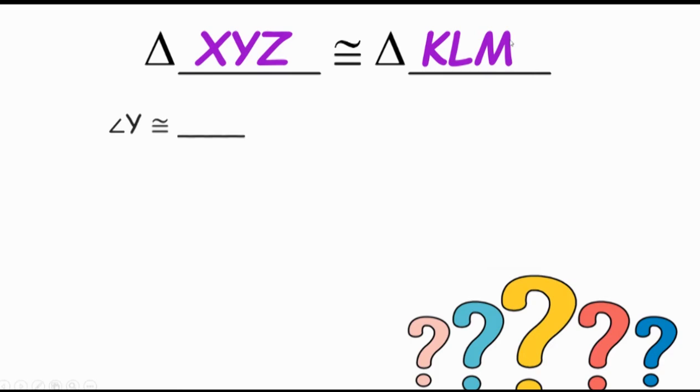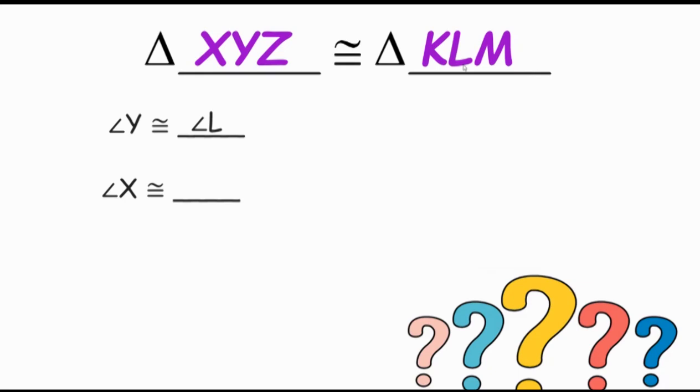So if we were to ask the question, what is the corresponding angle to angle Y? What do you think would be the answer? Y is right in the middle. And what's in the middle here? L. Did you get that? If you didn't, don't worry, you can try again.